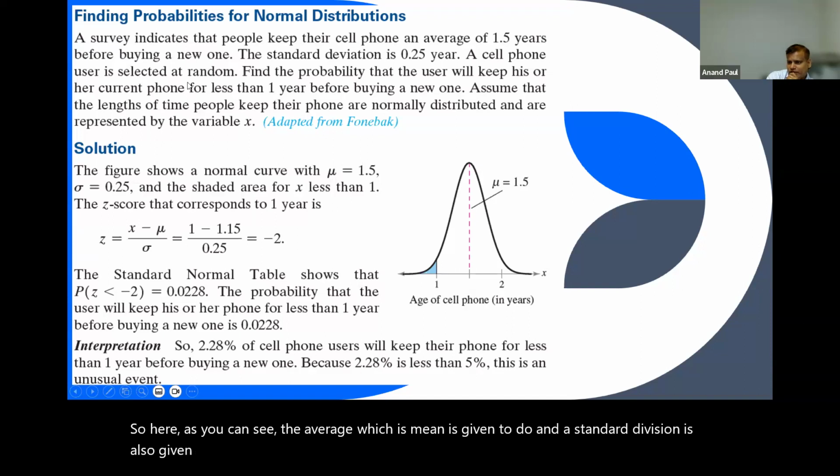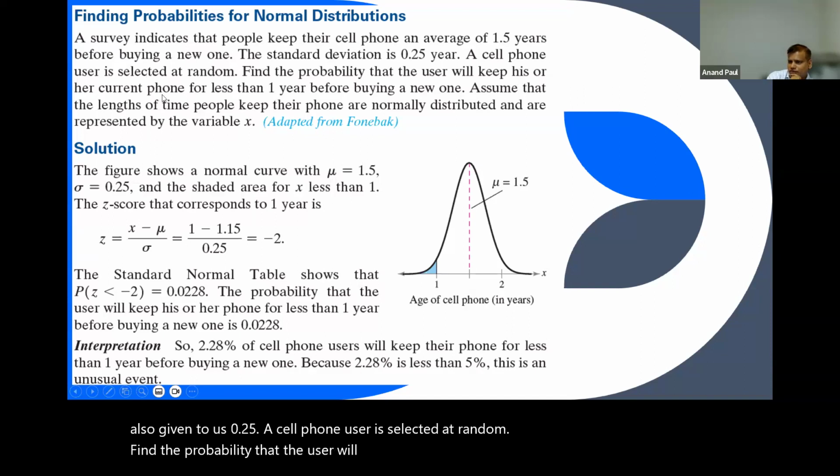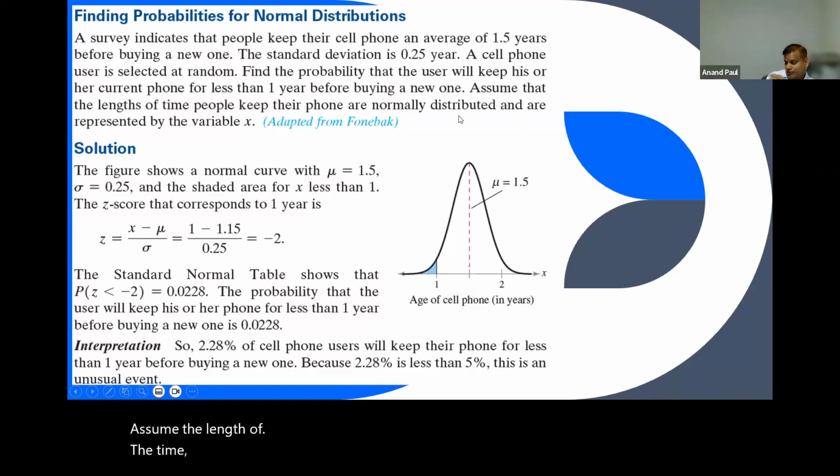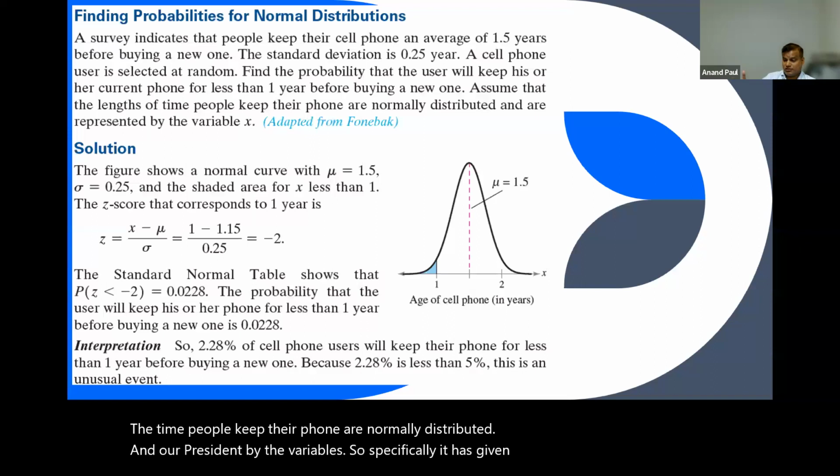A cell phone user is selected at random. Find the probability that the user will keep his or her phone for less than 1 year before buying a new phone. Assume the length of time people keep their phone is normally distributed and is represented by the variable x. So specifically, it has given us the information about normal distribution.